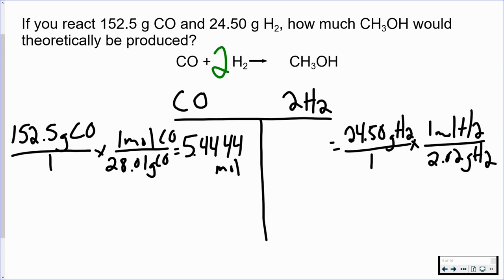When you do this, you get your value of hydrogen moles, which is 12.128, and that is the moles of hydrogen that you have.